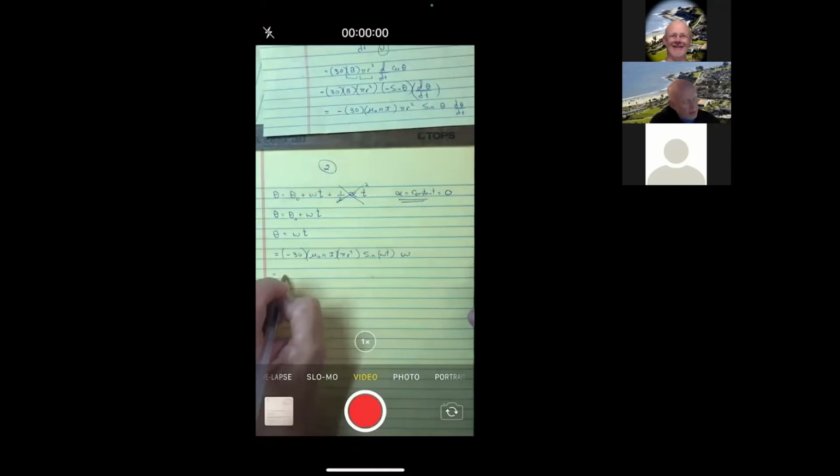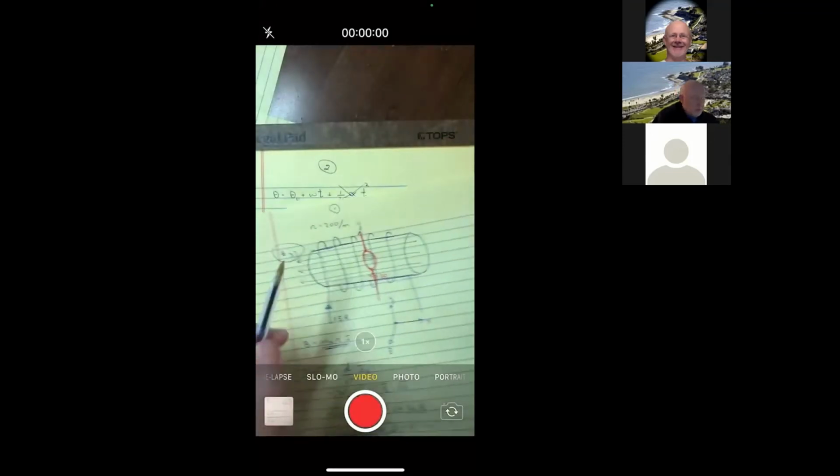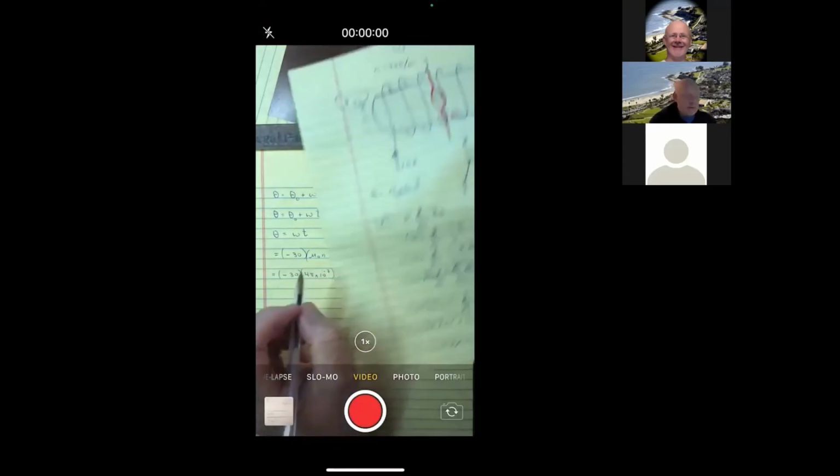So if we now put in our numbers, we get -30. Mu naught, the permeability of free space, is 4 pi times 10 to the -7. The little n is what we talked about for the solenoid, the turn density, 200. The current is the 15 amps.